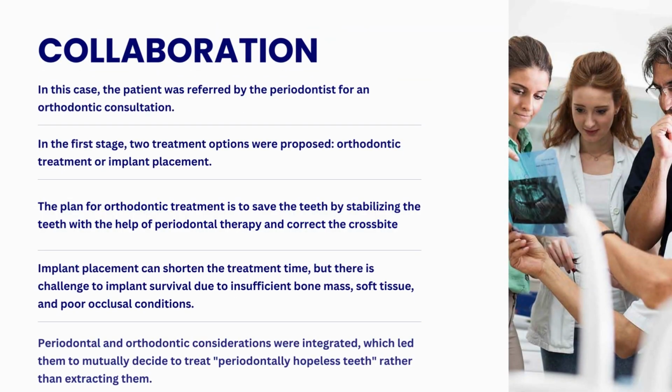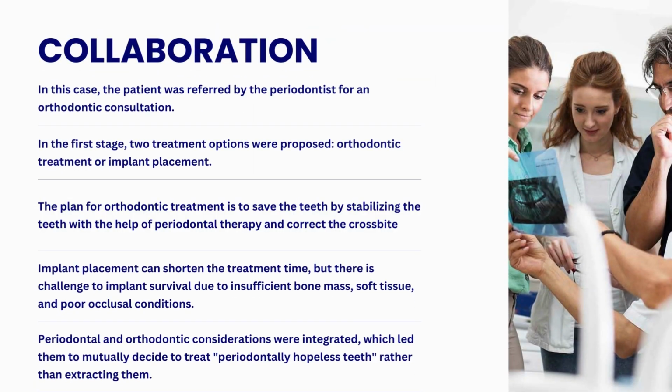The two specialists collaborated together to come up with a comprehensive plan with the help of diagnostic imaging tools. In the first stage, two treatment options were proposed: the orthodontic treatment or implant placement. The goal of orthodontic treatment is to establish a stable occlusion after periodontal treatment, which could benefit long-term periodontal health but could also cause further destruction and be an economic burden.